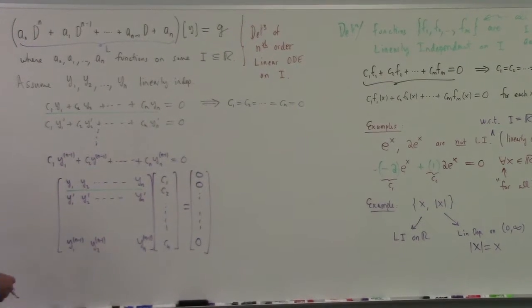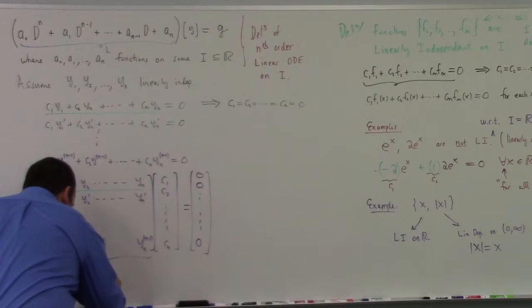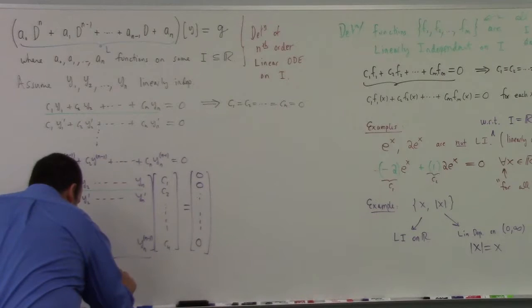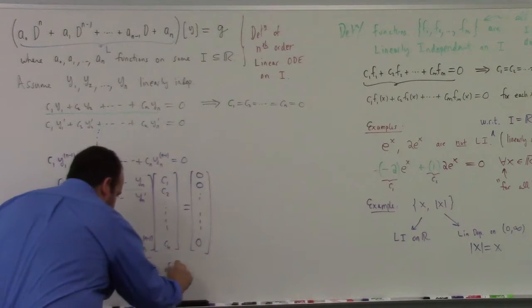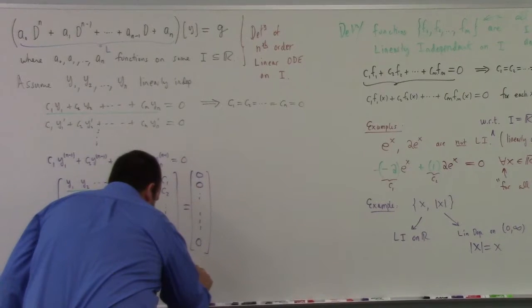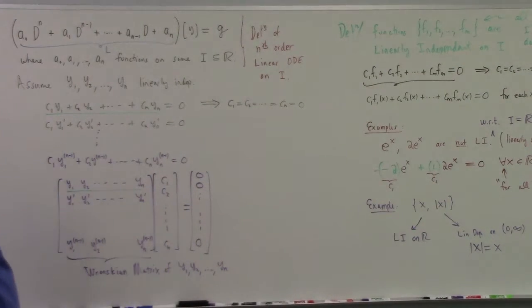So this is what's known as the Wronskian matrix of the functions y1, y2, yn. We're assuming linear independence of these functions, right?